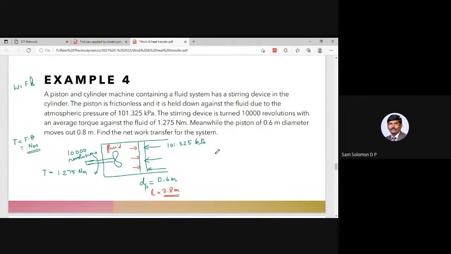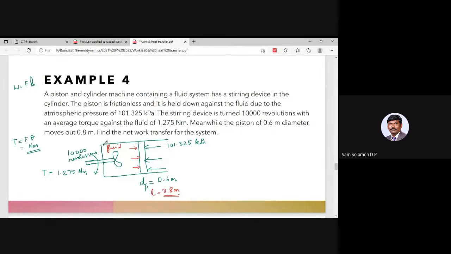Okay, so here, if you look at this particular problem, there are two work transfers here. One is the work done by the stirrer on the fluid. In the previous case, I told you, when there is a volume reduction, you call it as work input. In this case, if you think it in that way, you will find that the volume is not increasing here.